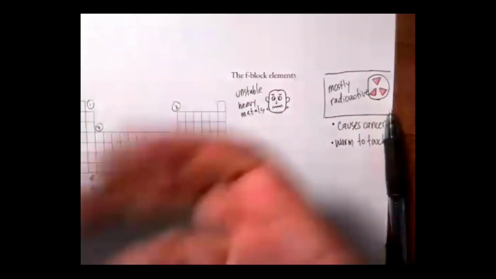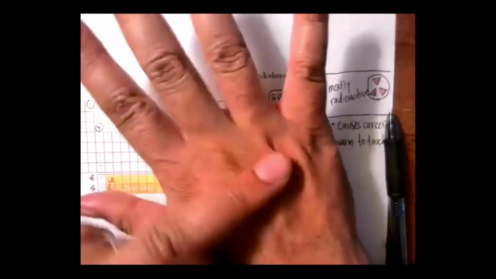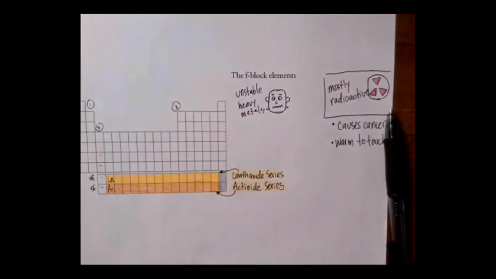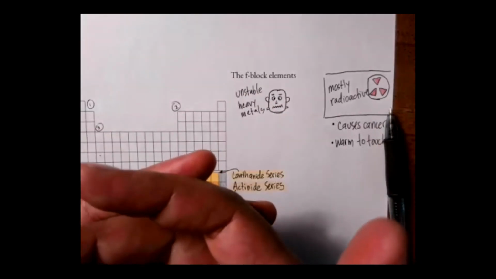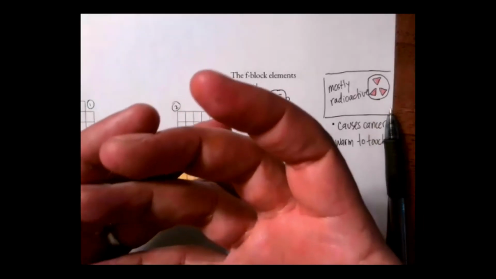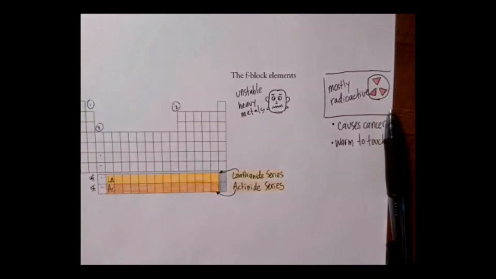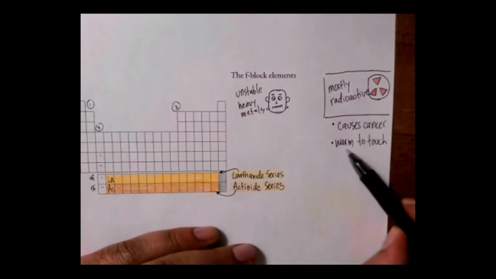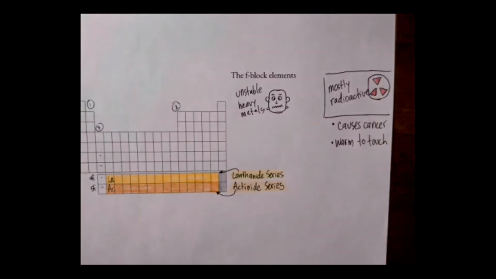Ooh, I'm getting old. Look at these old wrinkly hands. Don't judge me. But something that's radioactive, if you were to touch it in your hand, it would feel like a hot bath. Not a hot bath, but like a just perfect bath, right? It's just warm to the touch. So that's something that you'll also find about F block elements.